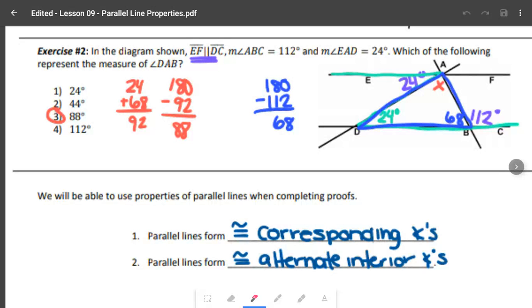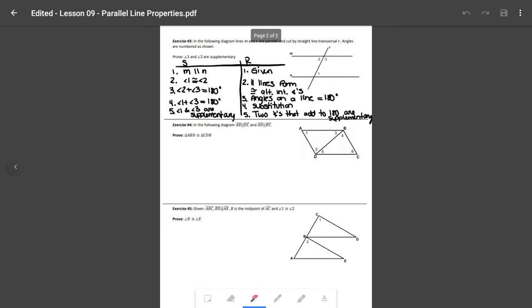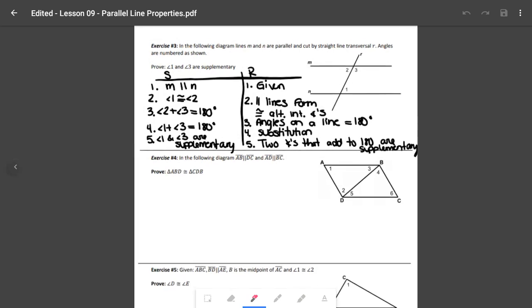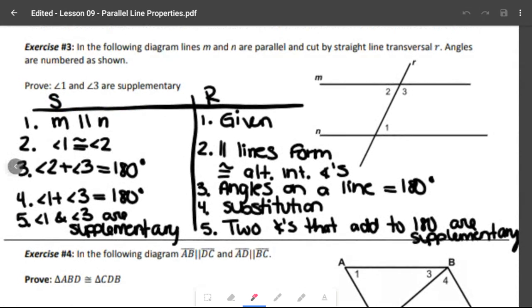From this, the two big goals that we got were that when we're proving properties of parallel lines, they form congruent corresponding angles, or the parallel lines form congruent alternate interior angles. Anytime we want angles from parallel lines, it's one of those two. And we write it just like that as our reasoning, similar to how we write perpendicular lines form congruent right angles. We were able to finish this last proof, exercise 3.